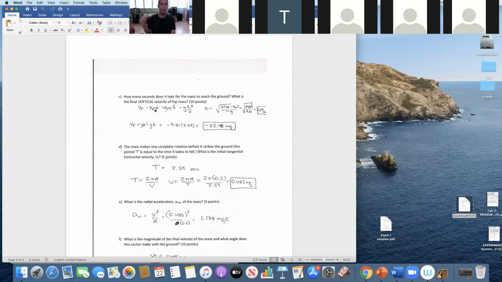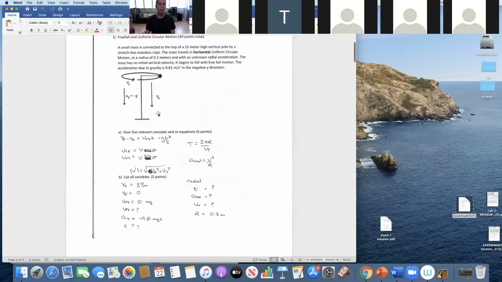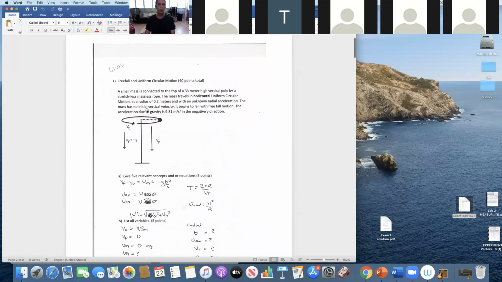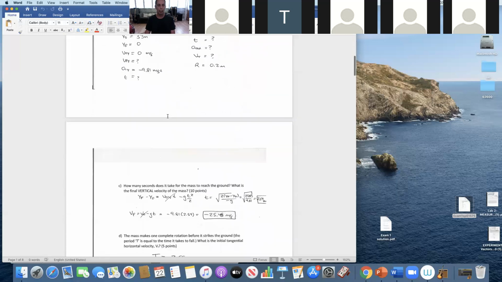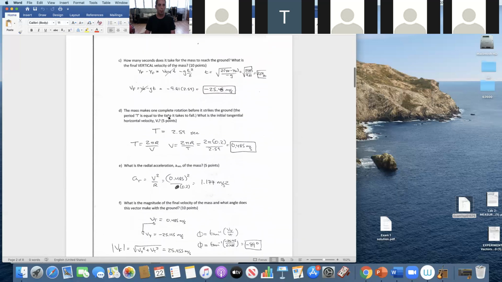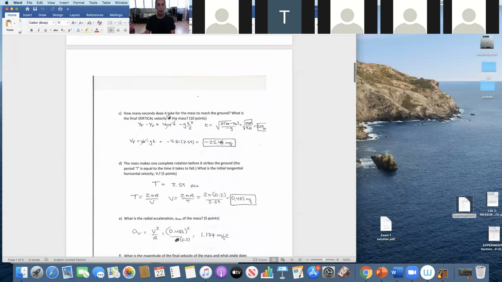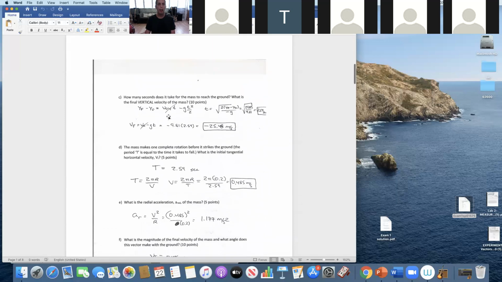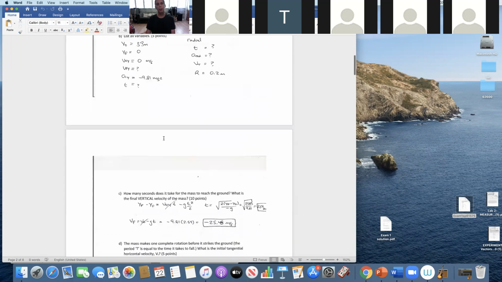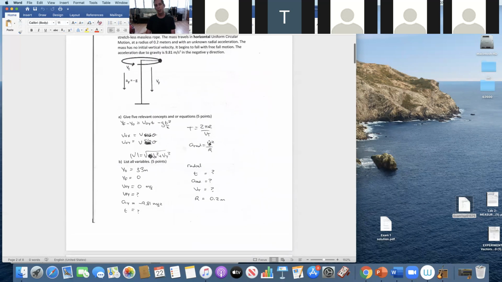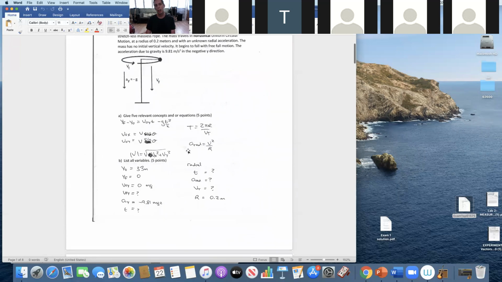In the x or horizontal direction, though, it's still going to be moving in uniform circular motion. What is that velocity? Well, we can find that because it makes only one complete rotation before it hits the ground. Really it's just these 2 equations right here that govern it.